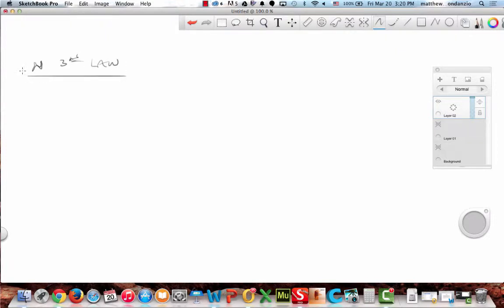Newton's third law, what did you say? For every action there is an equal and opposite reaction. I'm going to call it this way: for every force, there is an equal and opposite force.